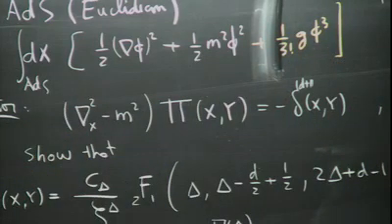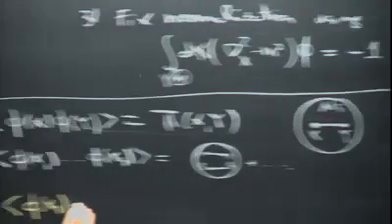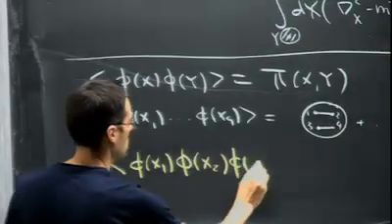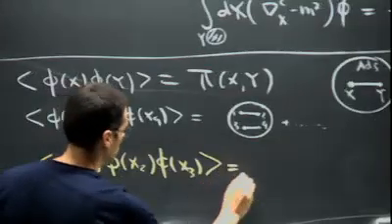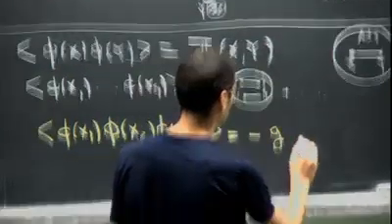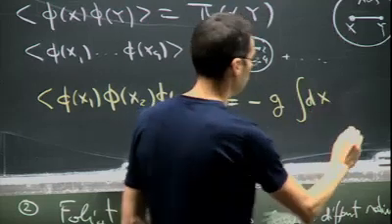Then if you add a small interaction, now you have more Feynman diagrams. So for example, you can compute a 3-point function. And this 3-point function is basically just going to be given by this first diagram.